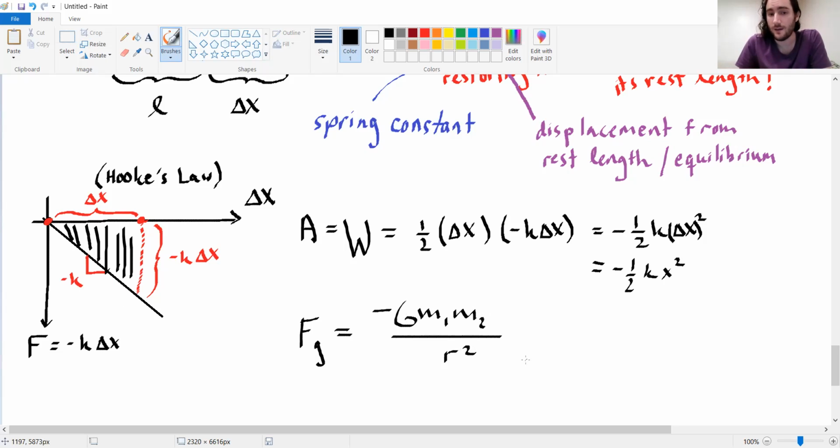And then maybe we have a radial displacement. So it'd be like a delta r instead of a delta x. But you can still follow, if you're in the 210 class, you can still do something like this, which is the integral of that force due to gravity. And instead of integrating over dx, you can integrate over dr to get the work, because it's a radial displacement instead of an x displacement.